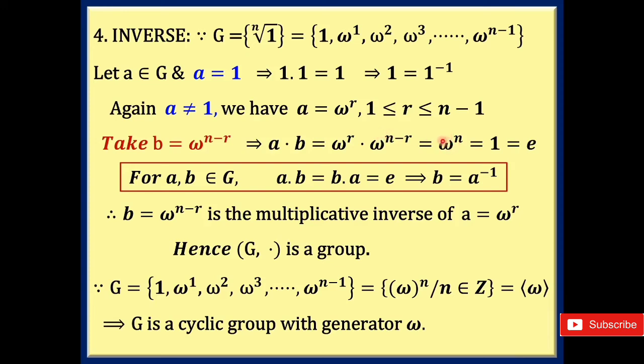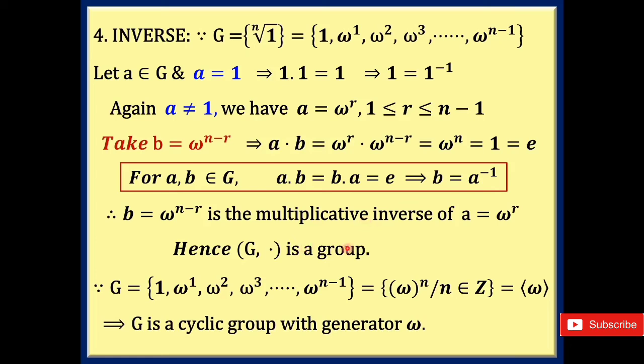We know that ω^n is 1, that is equal to e, the identity element. Clearly, ω^(n-r) is the multiplicative inverse of ω^r. This means every element of G has a multiplicative inverse.